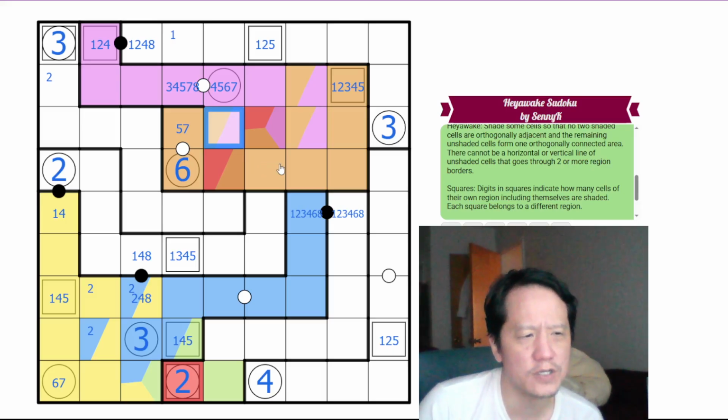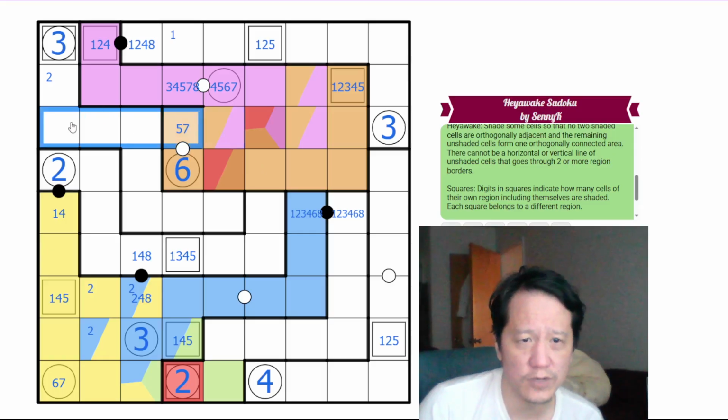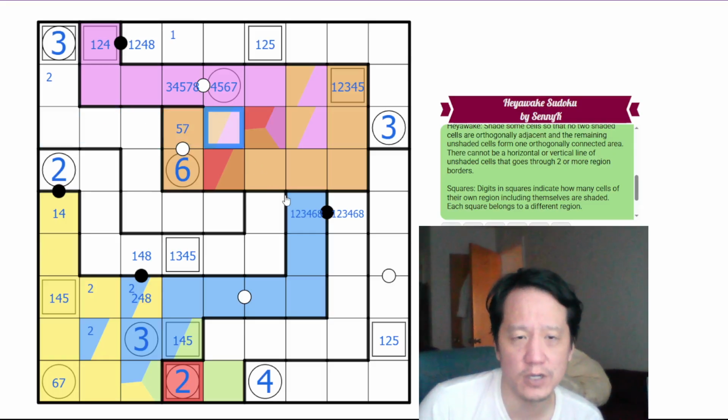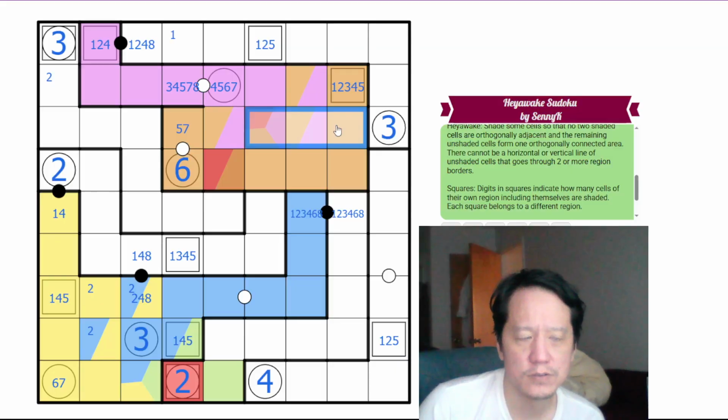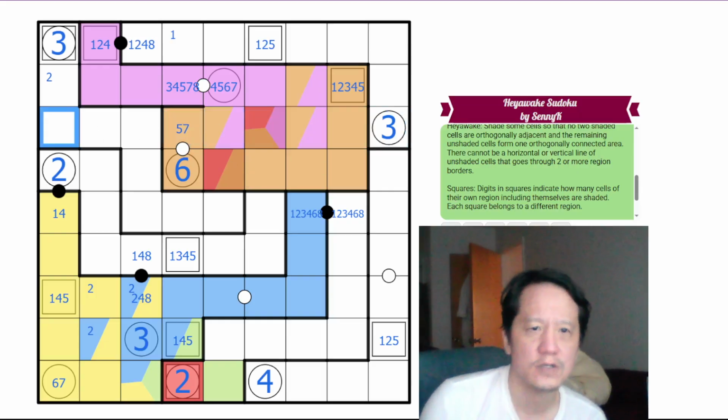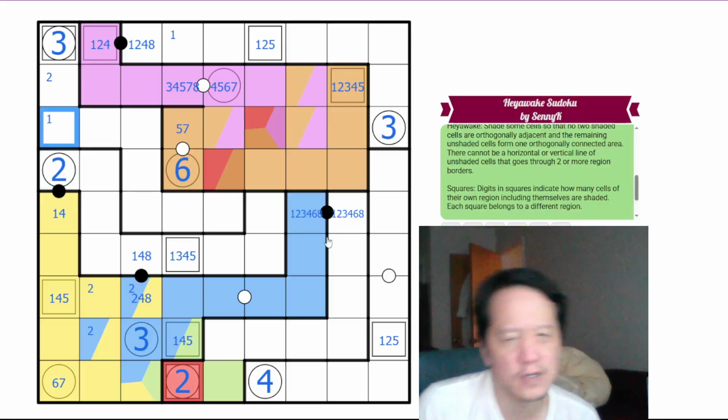No, you just need 1, actually. Because you have 2 there. You could have 1 pink here, which then goes to orange. And as long as the pink is the shaded cell, that's okay. So that would be 1 in that case.